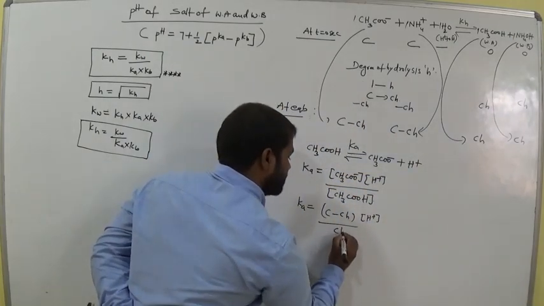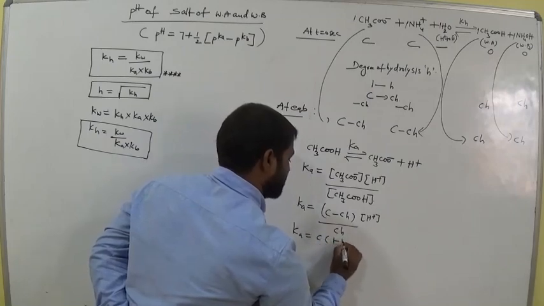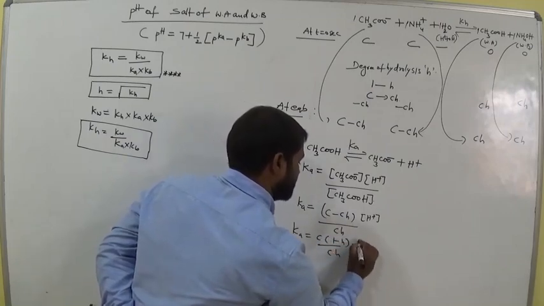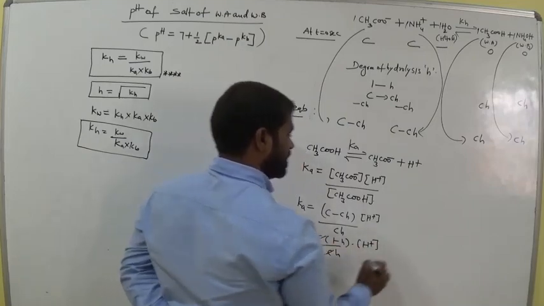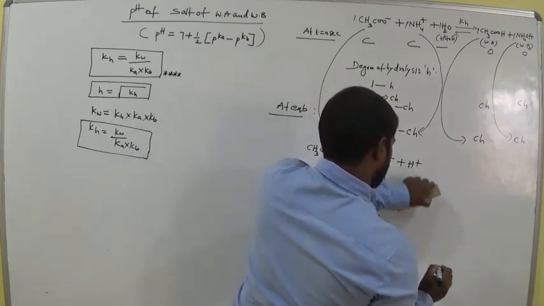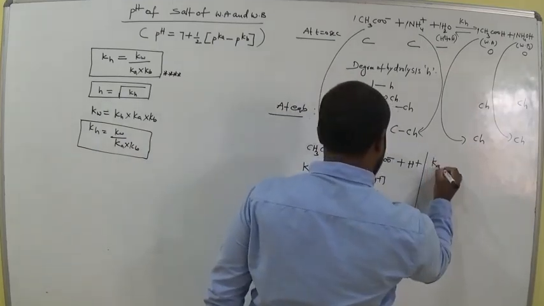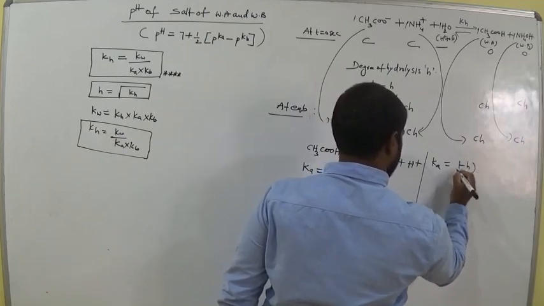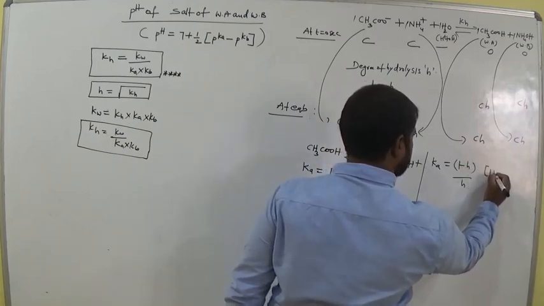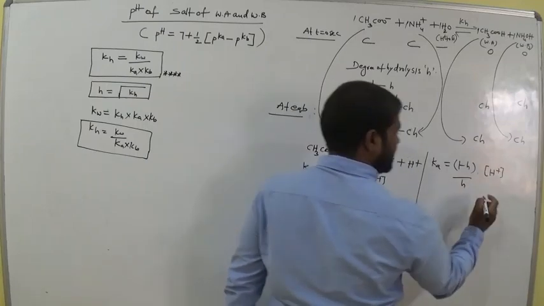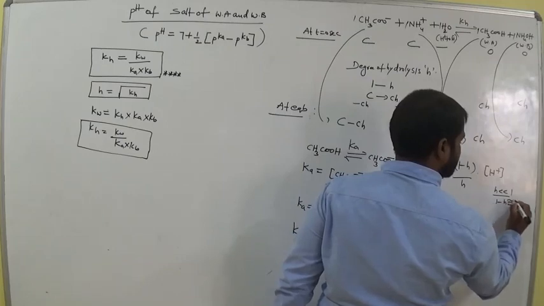Now Ka equals, taking the common c, 1 minus h by h into the H plus ion concentration. Cancel this one and this one. So finally Ka equals 1 minus h by h into H plus ion concentration, where h is much less than 1, so 1 minus h is approximately 1.